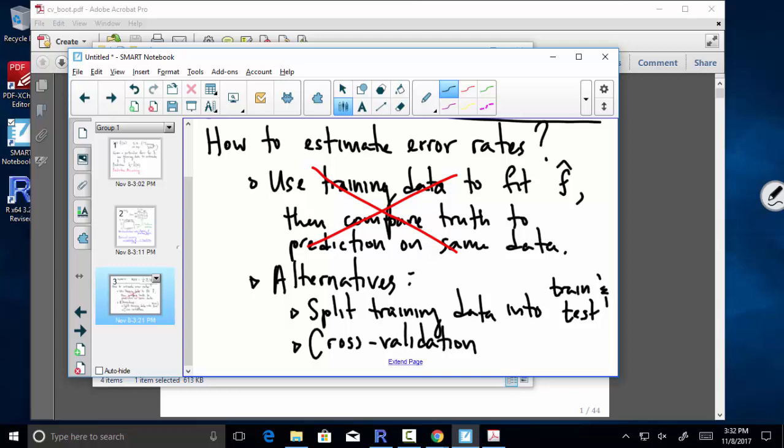I only have 100 individuals. Each one of them cost $1,000. I don't want to set aside 33 of them just for assessing accuracy. That's a hard sell to somebody who has collected their own data. Cross-validation is an alternative that allows you to use all the training data with a twist and gives you at the end of it an accuracy estimate that is as if you train test split.